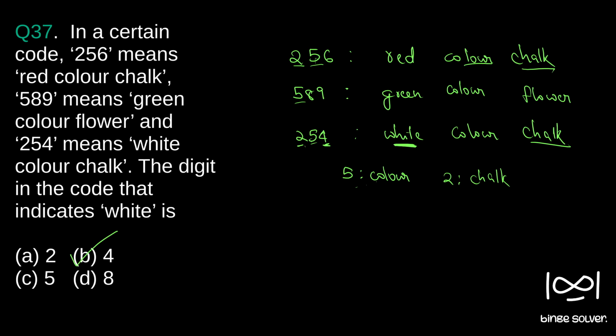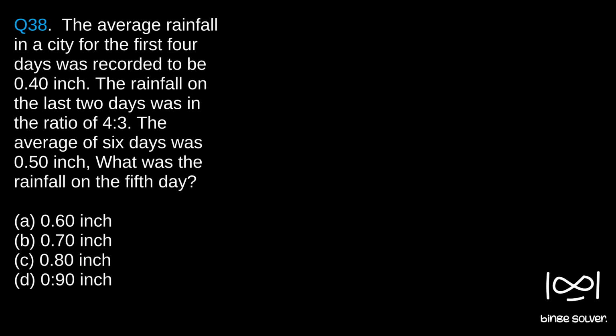Next question, question 38. The average rainfall in a city for the first 4 days was recorded to be 0.4 inch. The rainfall on the last 2 days was in the ratio of 4:3. The average of 6 days was 0.5 inch. Then what was the rainfall of the 5th day? So we have 6 days.